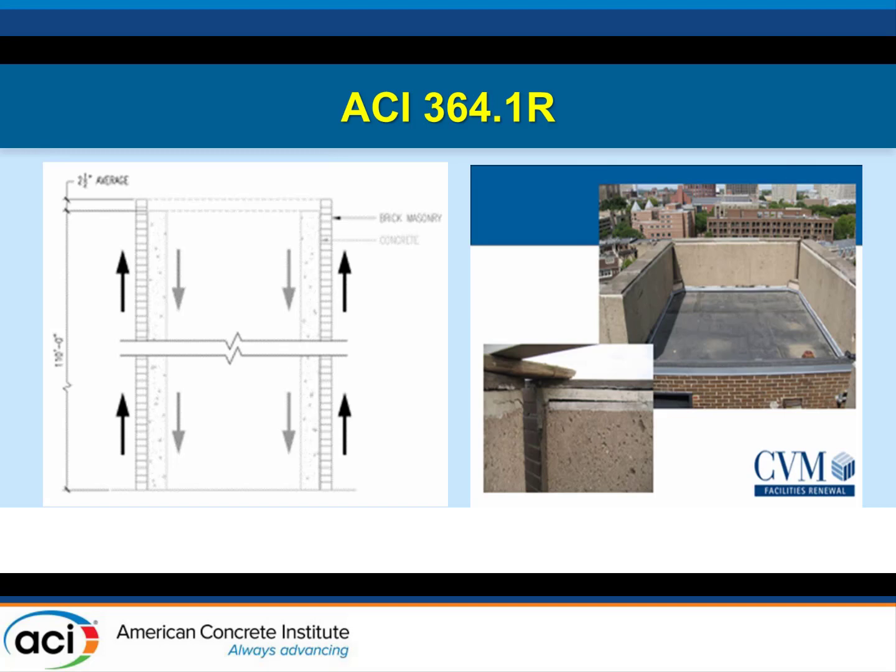So diagrammatically on the left-hand side, basically what you had was that concrete core masonry stacking up. So as you went up to the parapet conditions around the top of the elevator towers and you looked at the copings, it was very clear that, we calculated just approximately that between the concrete shortening and the brick expansion, you had 2 to 2.5 inches of differential movement in only 100 feet.